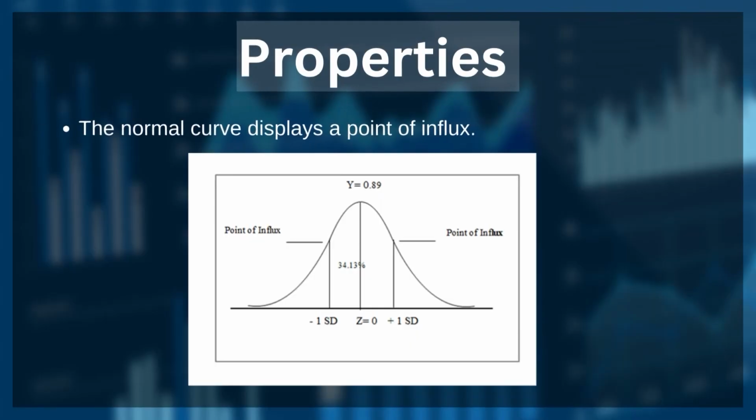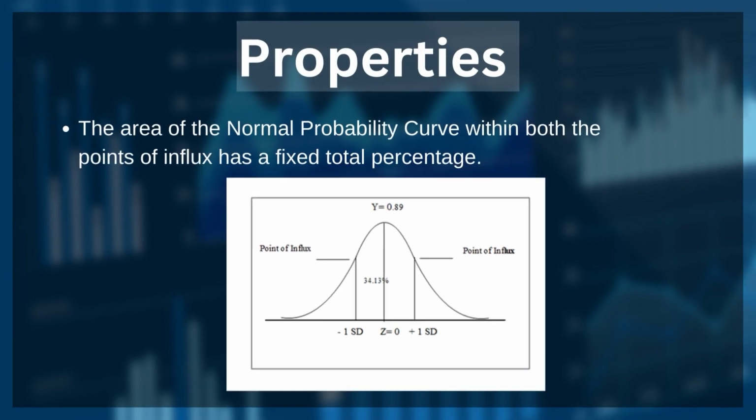The next property of normal probability curve is that it displays a point of inflexion. The area of the normal probability curve within both the points of inflexion has a fixed total percentage. Inflexion refers to the larger number of distribution of a particular data at a particular point.